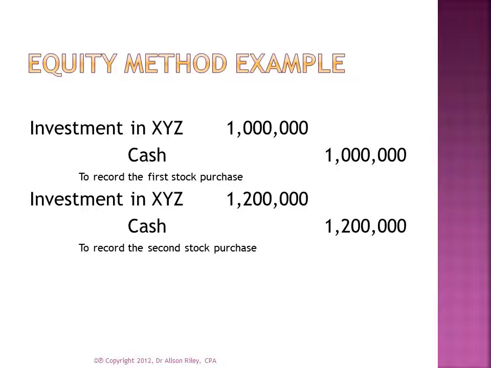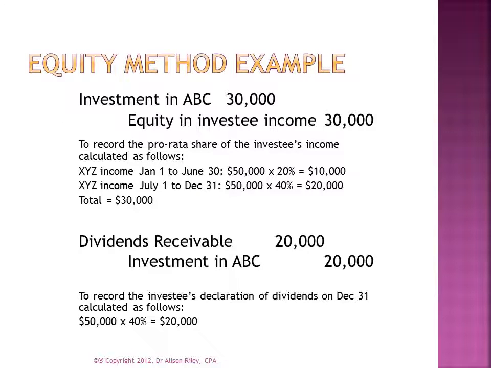This slide shows the two stock purchases, both of which are recorded at cost. Notice that both purchases are debited to the same asset account. The first journal entry shows how ABC Corporation calculates its pro rata share of XYZ's income.